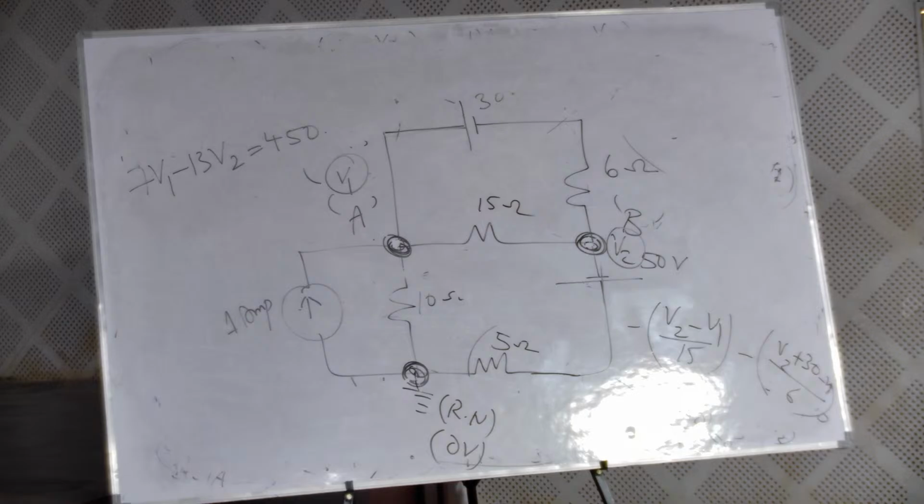Right. Solving V1 V2 by Cramer's rule method, get the values of V1 V2. I told you the equation earlier: 7V1 minus 13V2 is equal to 450.